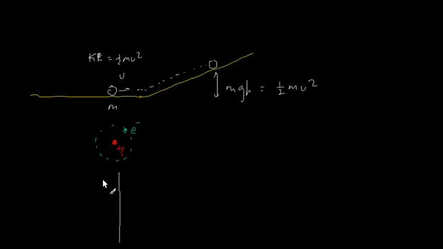So let me draw a graph. The vertical axis is the potential energy of the electron. The horizontal axis is just the distance, I'll call it r.